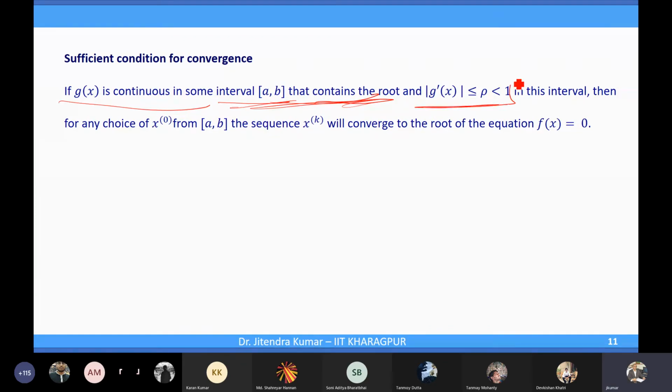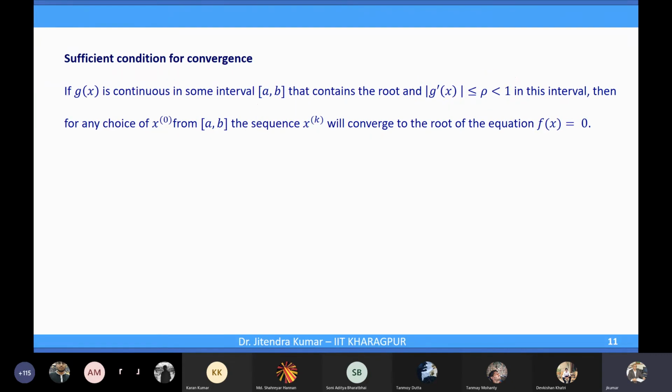The second is the important condition: the derivative of g(x) should be strictly less than 1. There we had the condition on eigenvalues, right? Here we have it on the derivative, that the derivative of g should be less than 1 in that interval which contains the root. And then for any starting choice you take in that interval, the sequence will converge to the root.